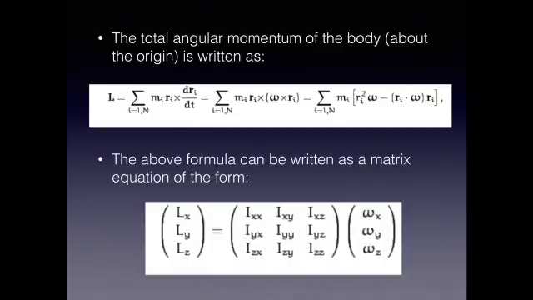Now, the total angular momentum of the body L about the origin is written as follows. Here, we know that L equals m into v cross r. V can be replaced as dRi/dt, which can further be replaced as omega cross Ri as specified above.